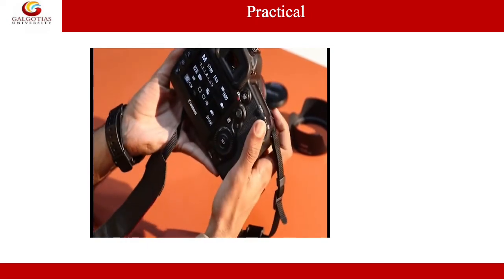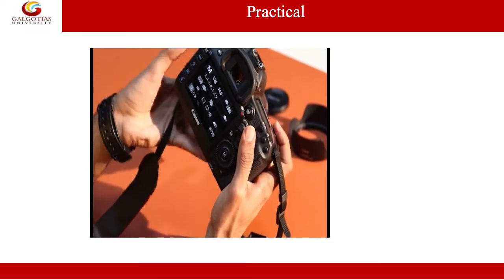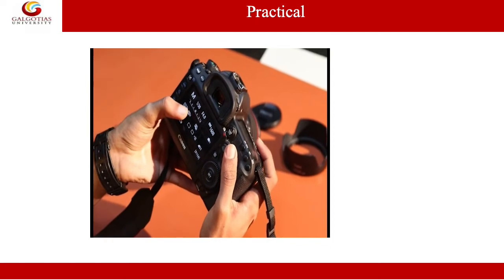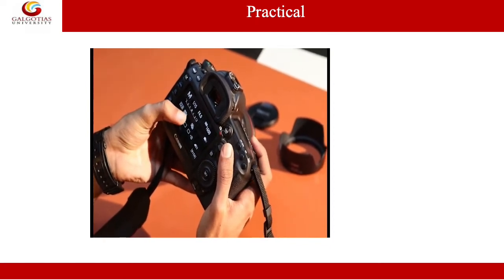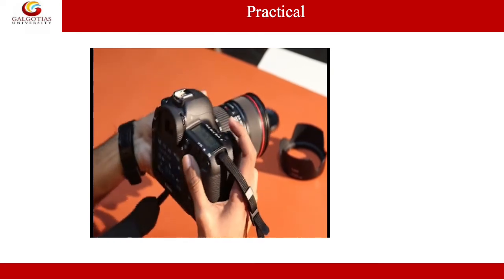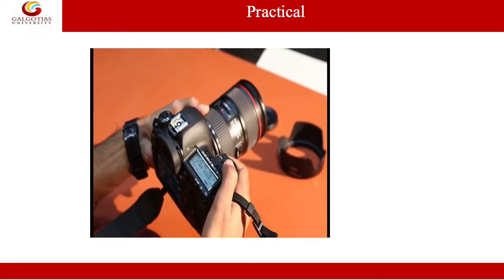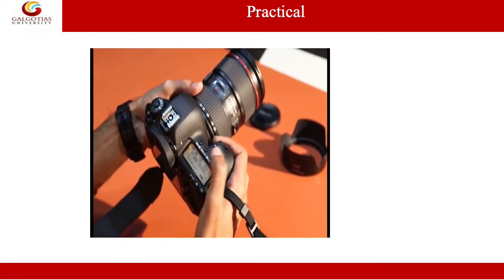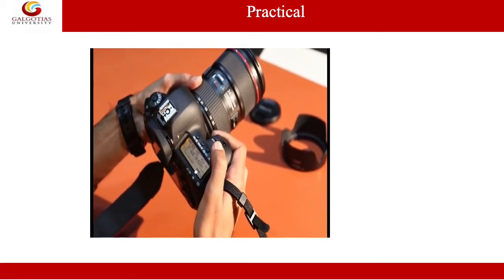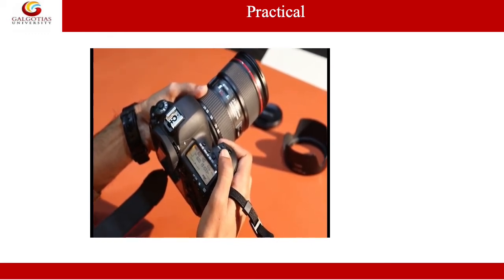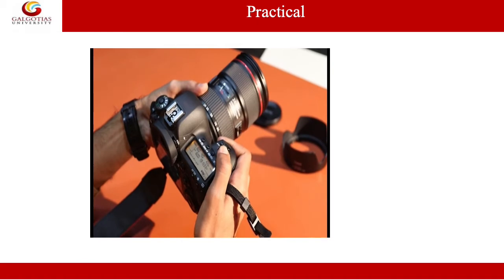As you can see, the shutter speed is going from 1/40 towards 1/15, and in order to increase the shutter speed, we need to rotate this wheel from left to right. Here you can also see the shutter speed changing. So this is how you set the shutter speed. This is the first part of setting the exposure triangle according to your need.